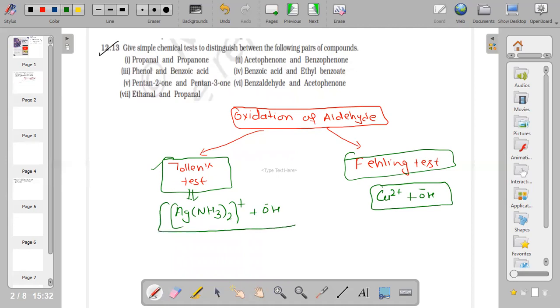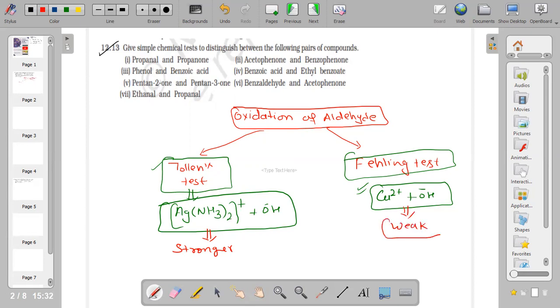Both the Tollens reagent and the Fehling reagent react with an aldehyde or a ketone. The second thing to remember is that Tollens is stronger in comparison; Tollens is strong and Fehling is weak. Why?